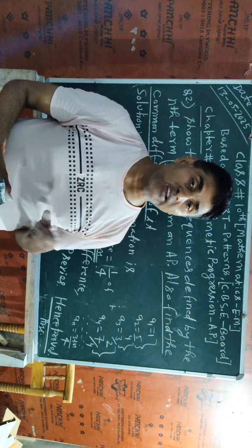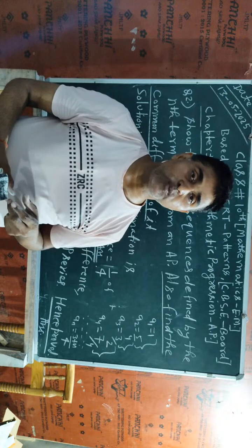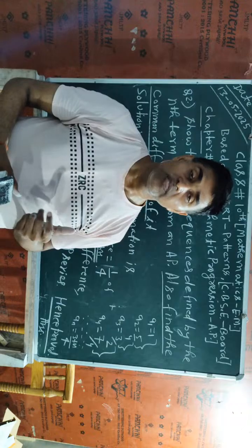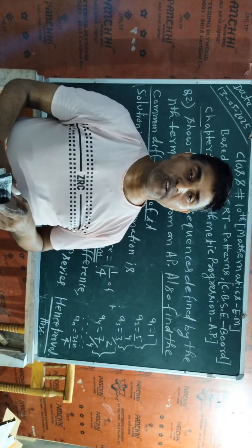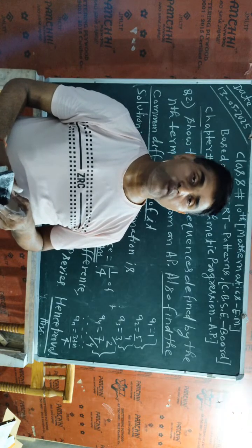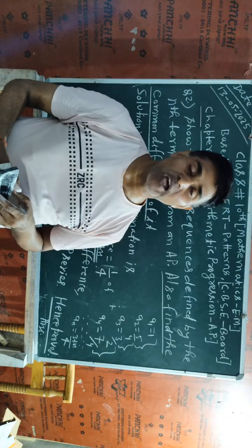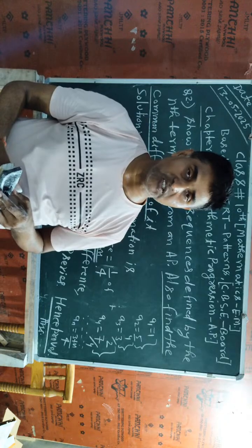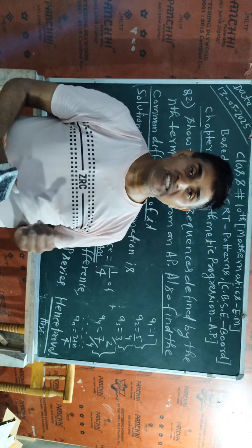You take two consecutive numbers, and then you get the common difference of those consecutive numbers. If the value of the common difference is the same, then I say that the given sequence is an AP series. Okay students, this is one question.